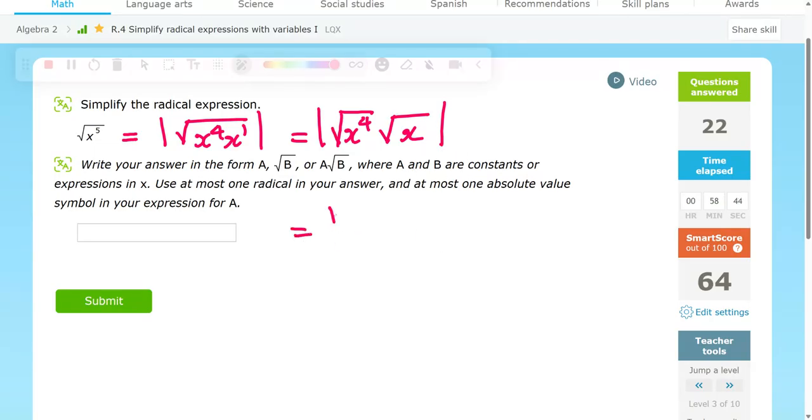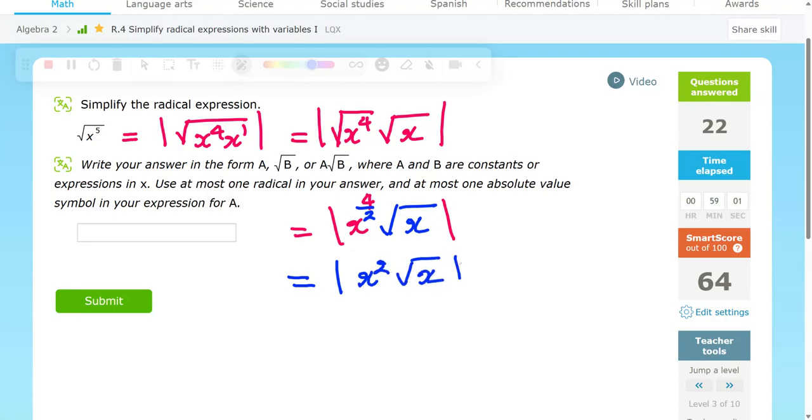I can break them apart. So now you can see the square root of x to the 4 is x power 4 divided by 2. And then the square root of x, you cannot go further. So now I come out with x squared right here and then square root of x. But remember, x squared is always positive, so I can move it outside.